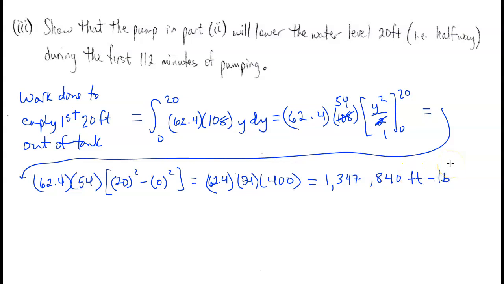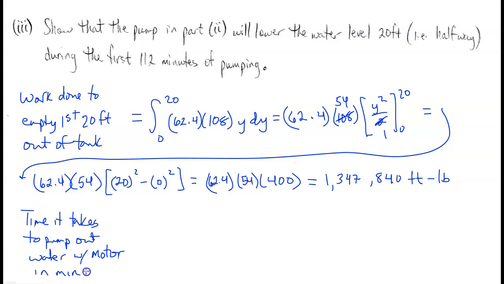Okay. And so now that we have that, we'll do the same thing that we did before. So the time it takes to pump out the water with the motor, in minutes. And so here we'll have the work that was done, the 1,347,840, and we'll take that and basically multiply that times 200 times 60.